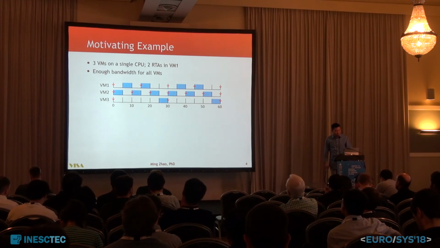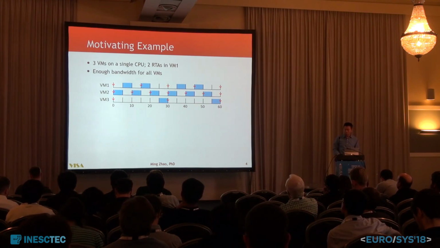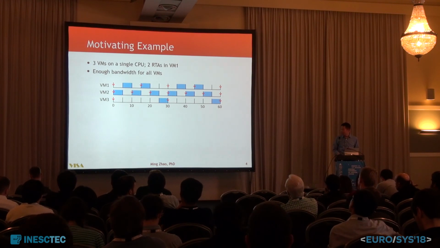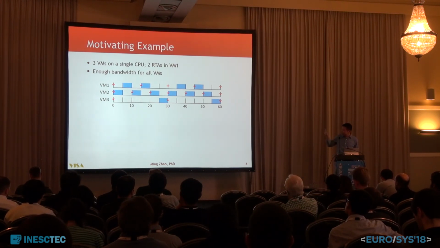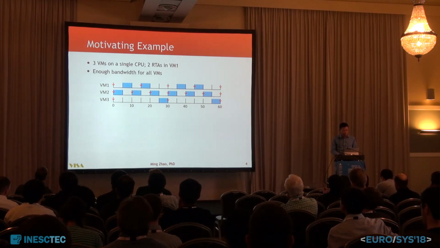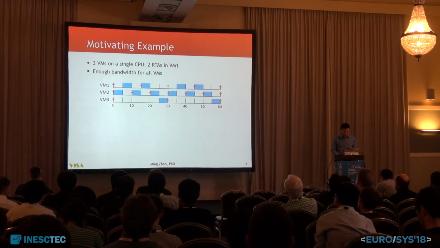Here I use a very simple, almost toy example to illustrate why this lack of awareness creates a problem to support time-sensitive applications. So in this example, we have 3 virtual machines sharing a single CPU, and this Gantt chart shows that we have enough CPU bandwidth to satisfy the bandwidth requirements of all the 3 virtual machines.